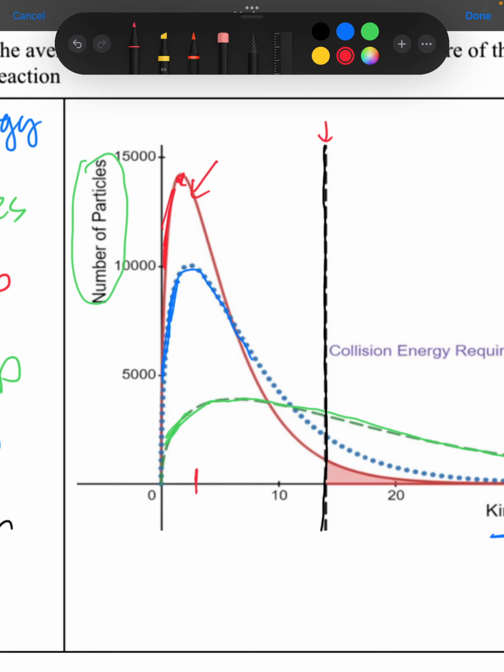And we know that to react, our particles need to be hitting each other with enough energy to either meet or exceed our activation energy of that reaction. And like a good portion of the molecules in that sample are to the left of that line. So what that means is most of our particles will not react.